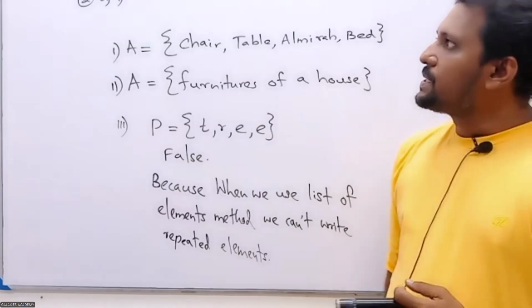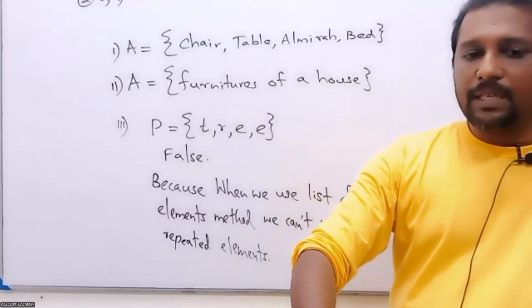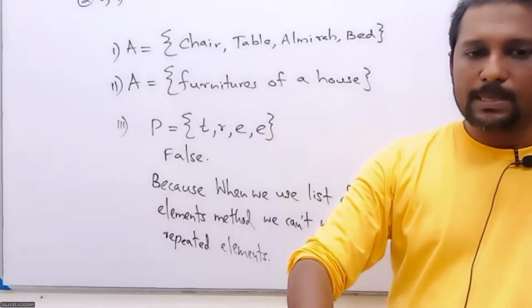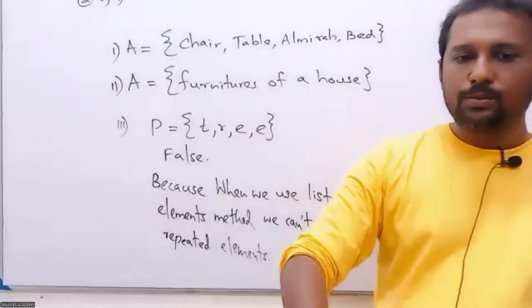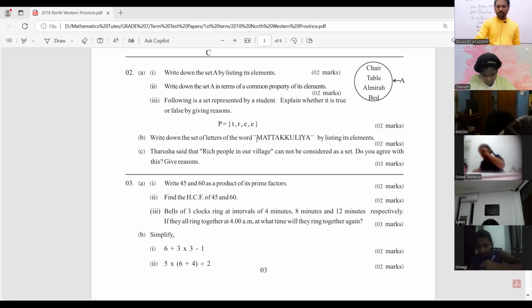Right, those are the answers for A of the second question. Then another part is given, B. We can go on to discuss it now. B is given: write down the set of letters of the word Mattakuliya by listing its elements.